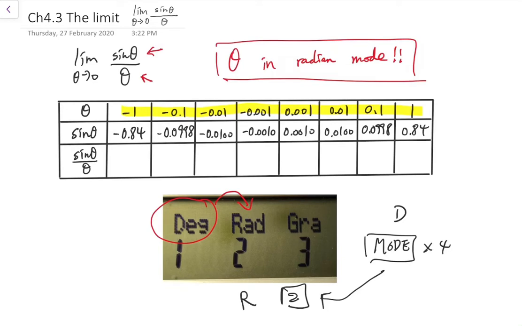Okay, then what is the value of this? Okay, let's have a look. We just divide sine theta by theta.